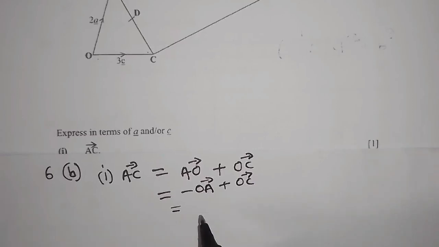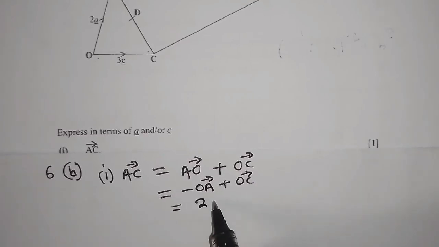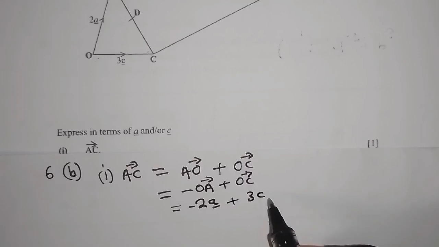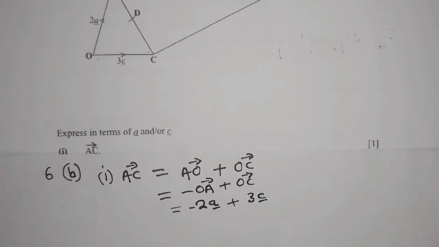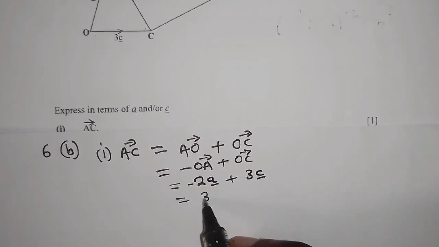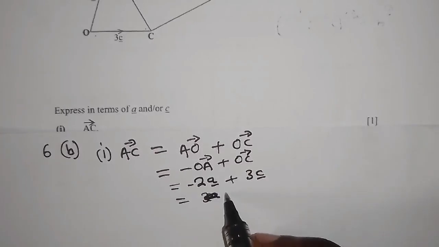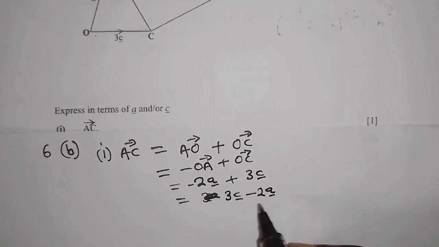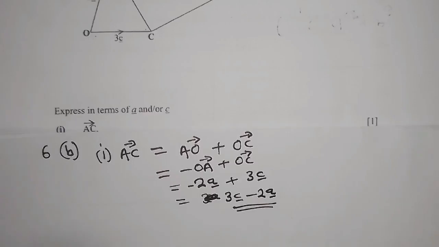We know that OA is 2 vector A, so that's negative 2A, and then plus OC, which is 3 vector C. Then just reverse them and write it like this: 3 vector C minus 2A. Then you're done.